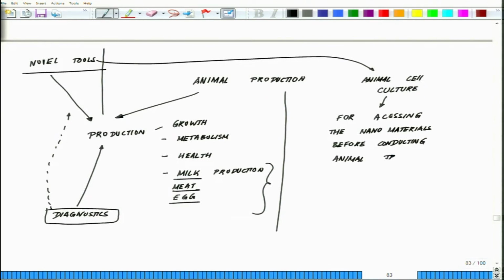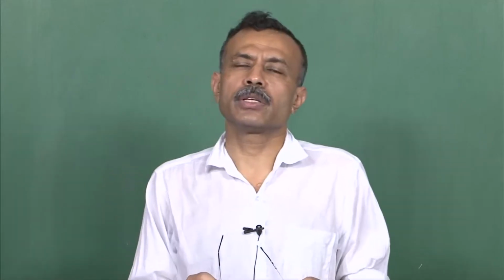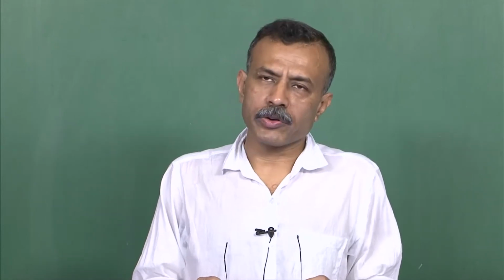So this is another area which has been getting tremendous significance for the last several decades, where there is a thrust that we need to figure out ways by virtue of which we can minimize the application of the drug in the animal directly.